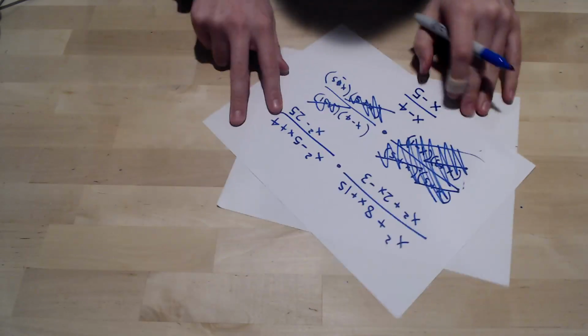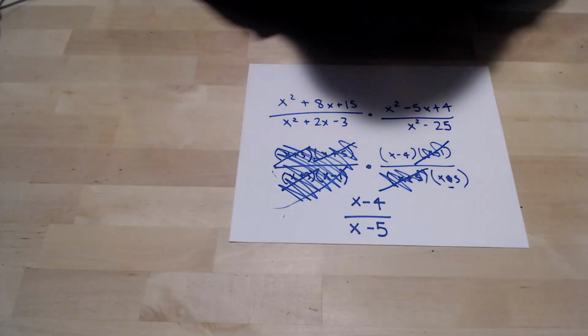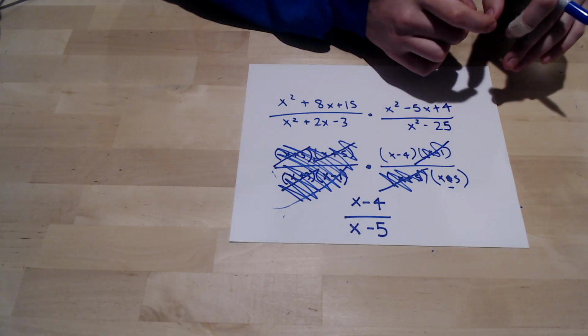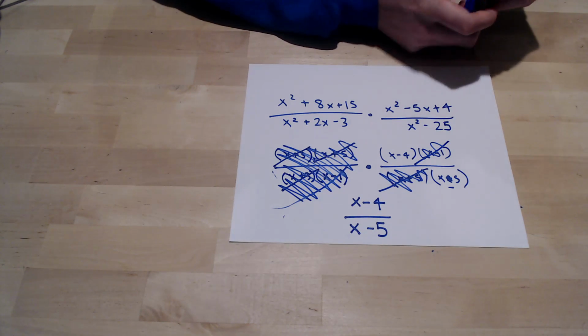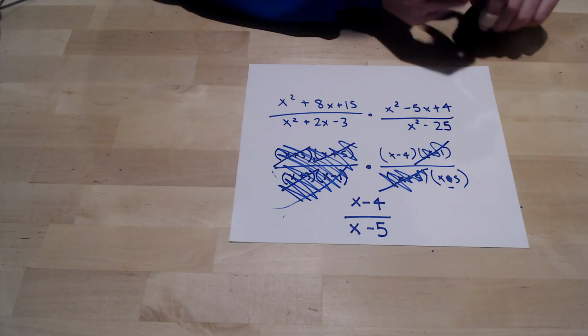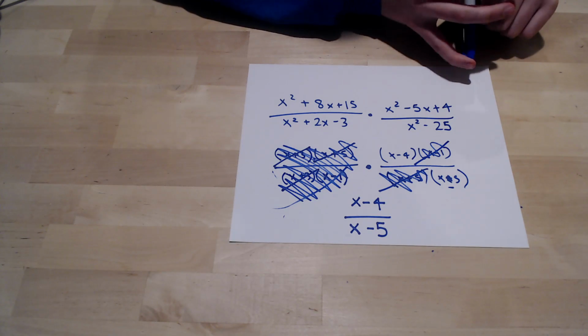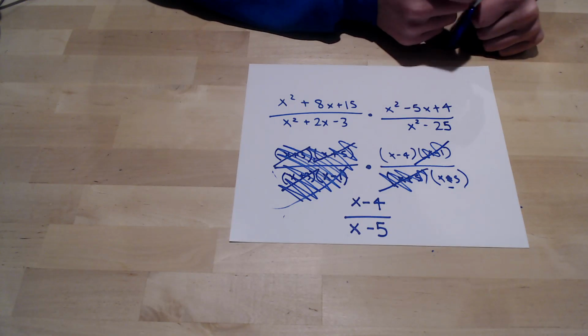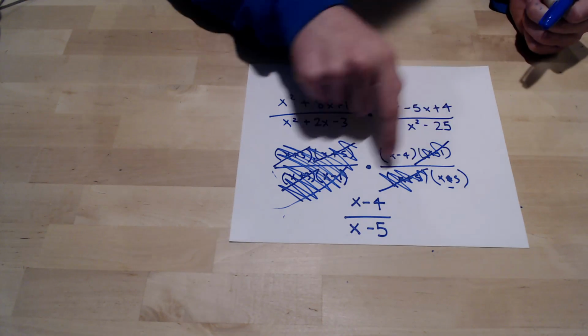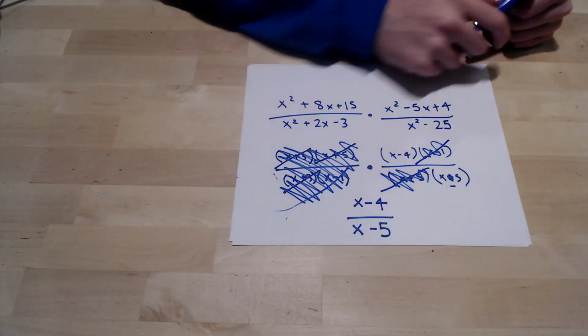This is our answer. Because we switched the two fractions before, made them a multiplication problem, and factored out each of the individual components, we're now able to cancel them out to get this answer.